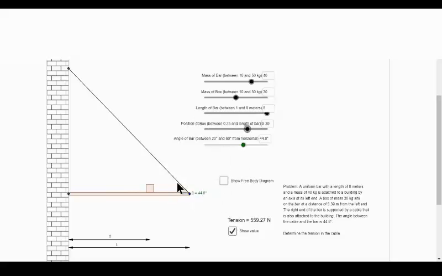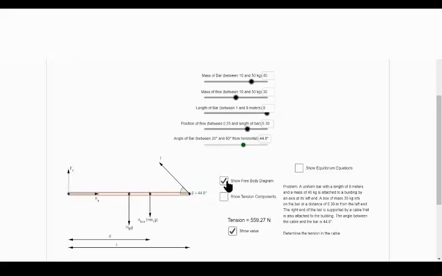Before you solve the static equilibrium problem, remember you will have to show a clear free body diagram. So this will be the free body diagram at this position. This is the tension force, this is the mass of the beam, which is at the center of mass. This is the mass of the extra mass box, and this is the position of the hinge. The hinge force has two components, right?